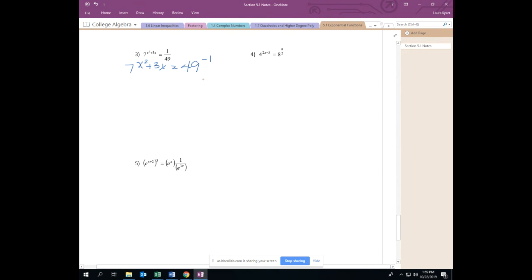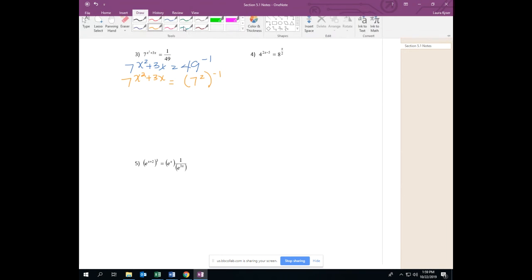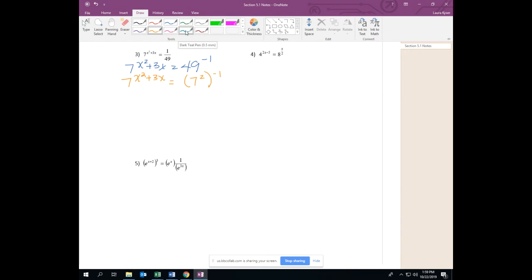And then I should say to myself, 49 is 7 squared. So I'm going to rewrite 49 as 7 squared to the negative 1 power. Again, I'm allowed to do that. And just like in the last one, I have a power being raised to a power. So the power rule says, let's not do that.